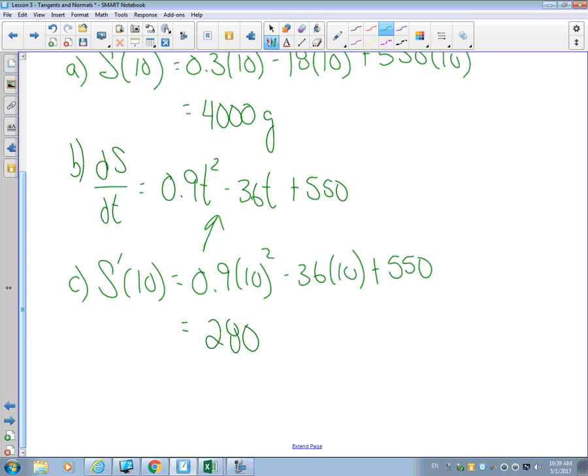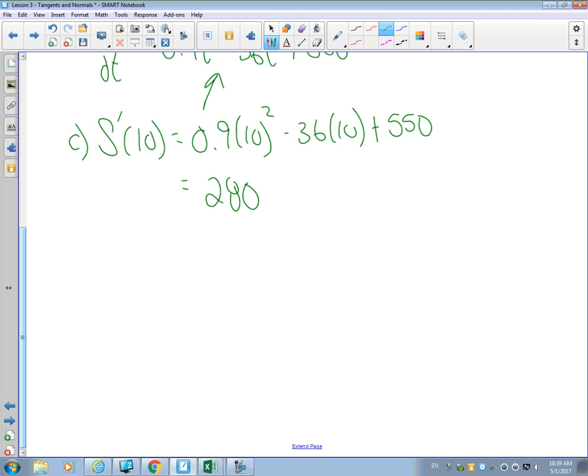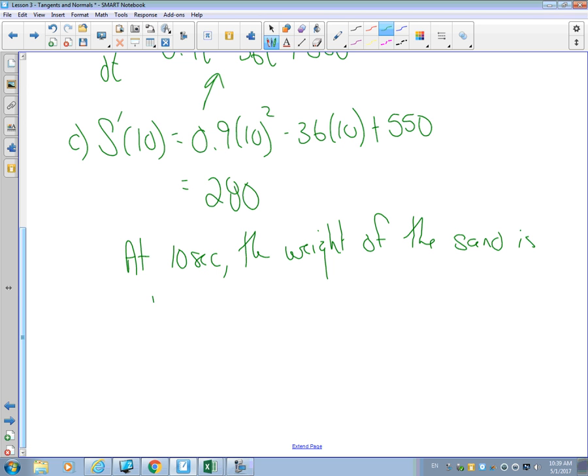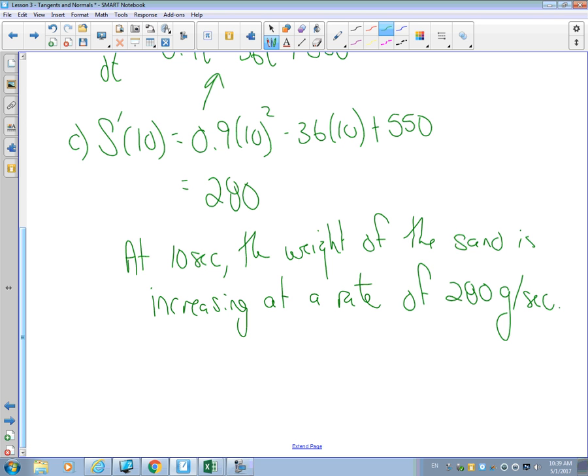280. What does that mean? Well, it means at 10 seconds, the weight of the sand is increasing, and I know that because it's positive, at a rate, that's what we're finding, a rate, IROC, of 280 grams per second.